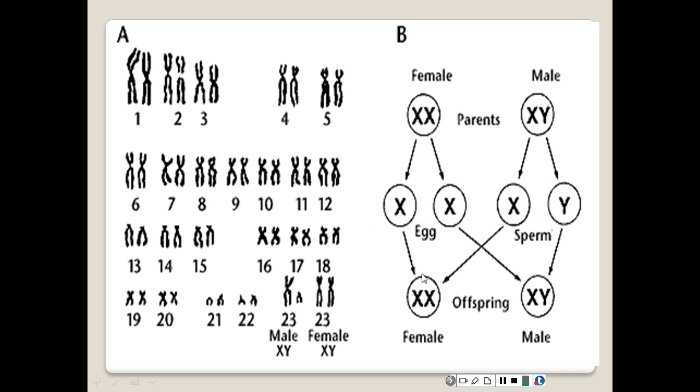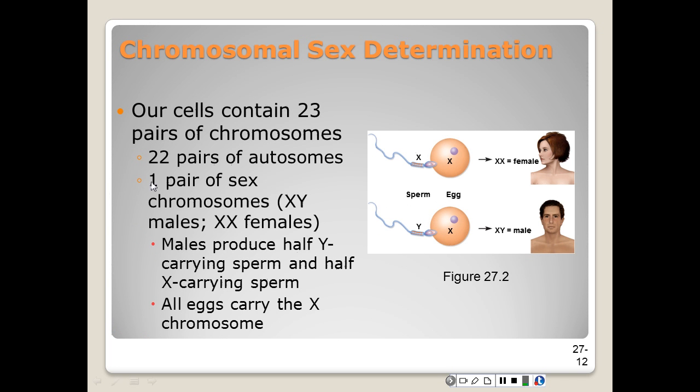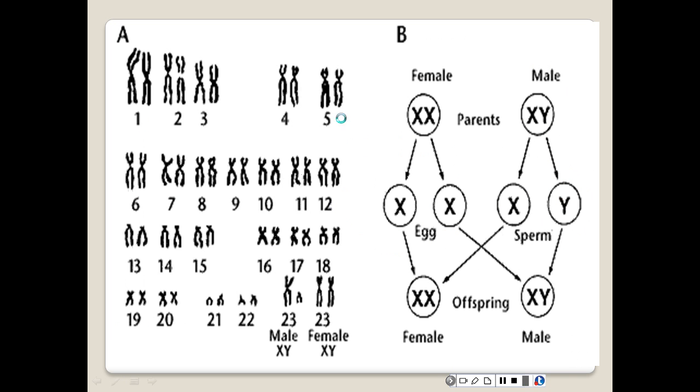Alright, so here's what I was referring to with the 22 pairs of autosomes. This is what it looks like. And then that 23rd one, the very last one, is 1 pair. It'll be an XY, meaning it's a male, or an XX, meaning it will be a female. Don't worry about that right here, that should be XX.